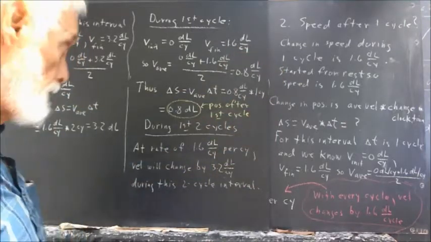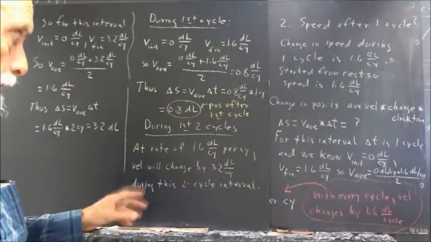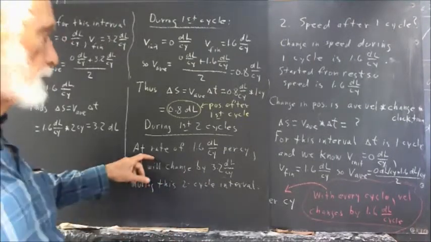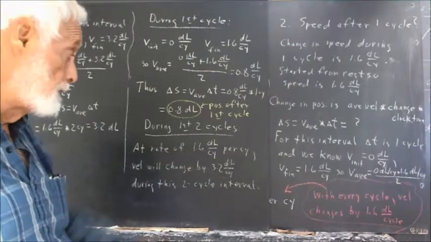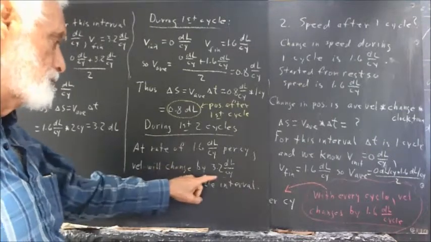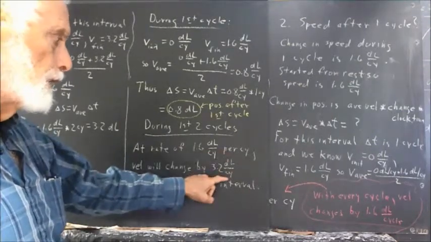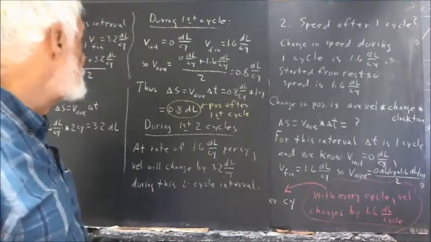You should pause and do that yourself rather than waiting for me to tell you, or rather than allowing me to tell you before you figured it out. Well, at the rate of 1.6 domino lengths per cycle, in 2 cycles, the velocity will change by 3.2 domino lengths per cycle during this 2-cycle interval.